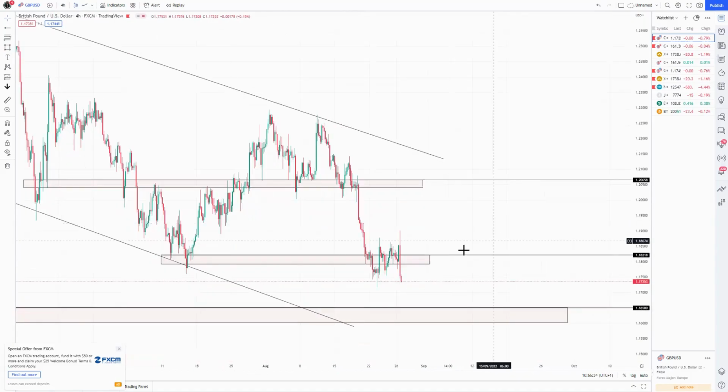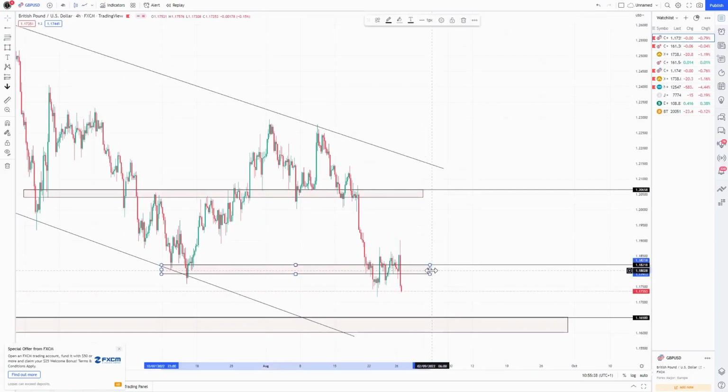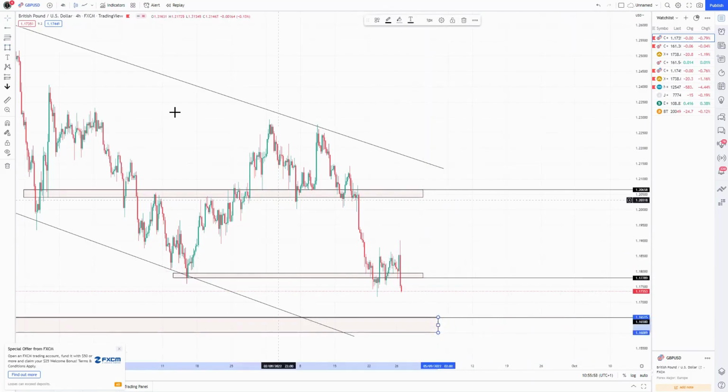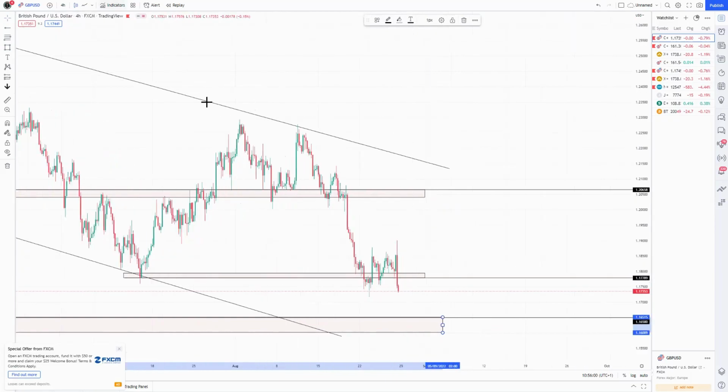I will adjust this support area to this point, but there's an impulse there, so I can bring out my rectangle and draw this out like this. Good. But the idea is, how can we capitalize from this market? So let's go to the 1-hour time frame.